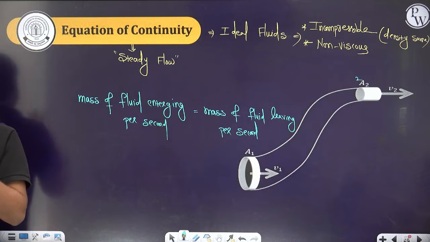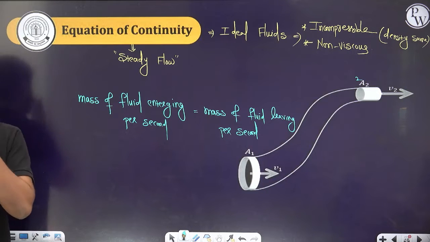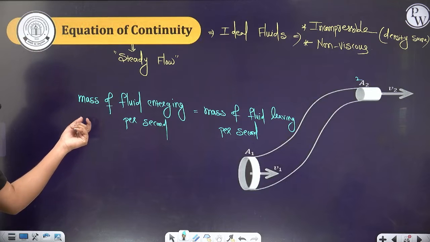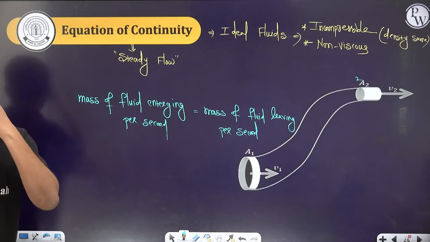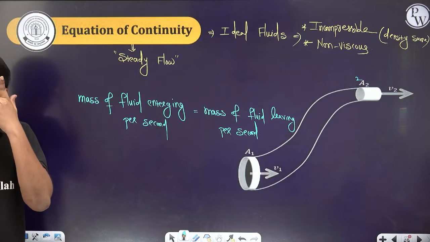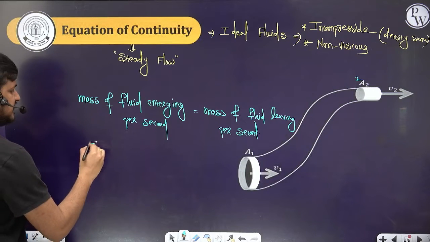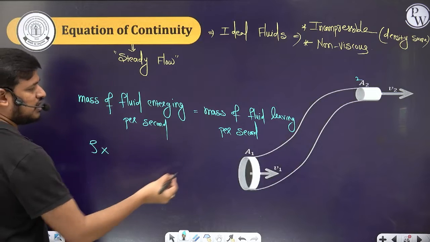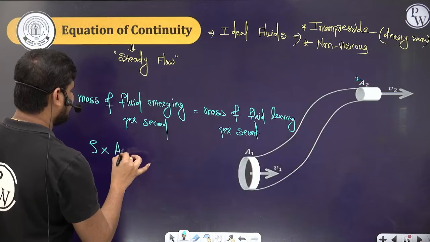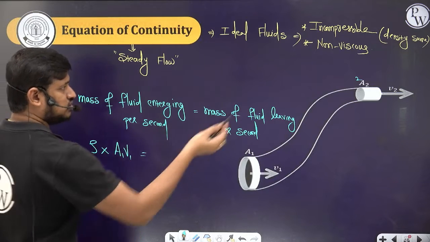Now you can write the mass formula there. The mass is equal to density into volume. Yes or no? So here the density into the volume, and I'll write the cross-sectional area: rho A1 V1 is equal to rho A2 V2.